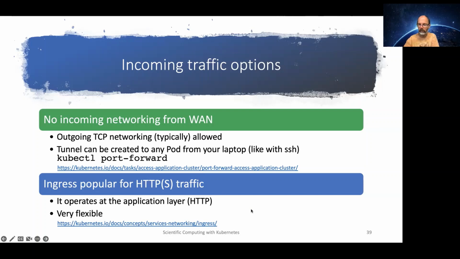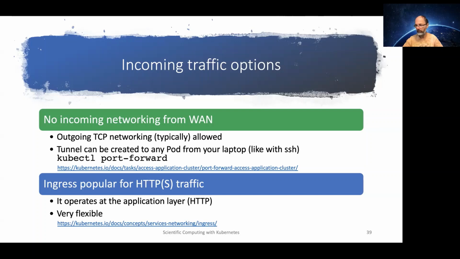And if you want to do something more fancy, Ingress is very popular for HTTP or HTTPS traffic. It's essentially conceptually a superset of the service, but it works at the application layer, so it allows for much more flexibility.